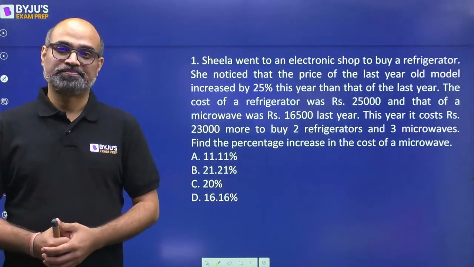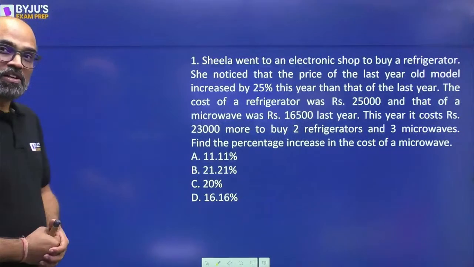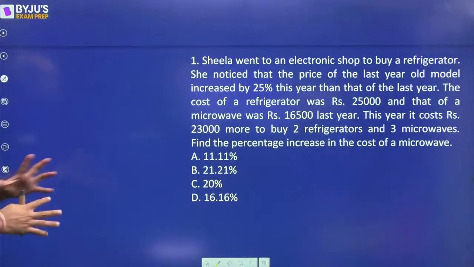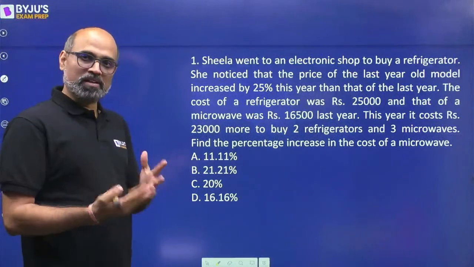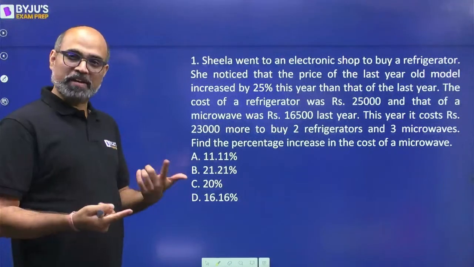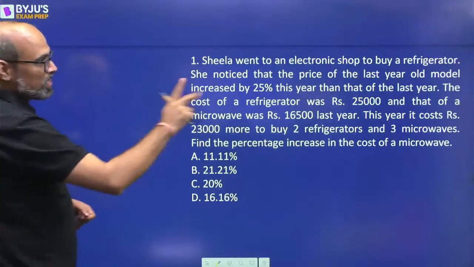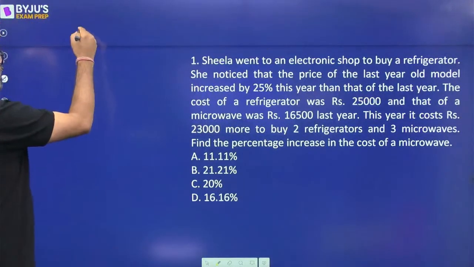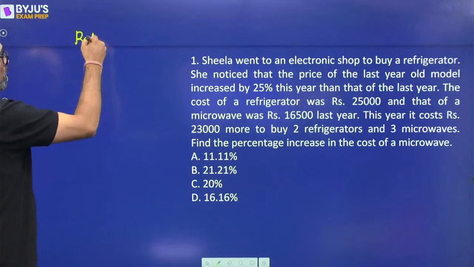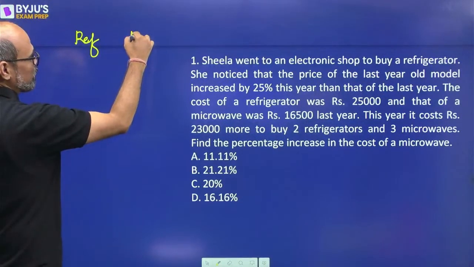Hi, Tarun. Okay, so this is the question based on linear equation and multiplying factors as in percentages, right? So we know that there are two things here: we have a refrigerator and then we have a microwave.